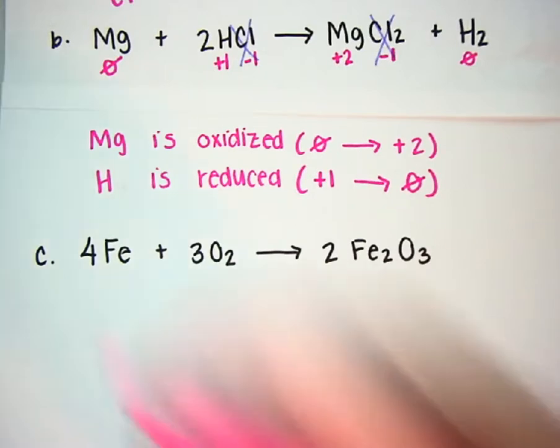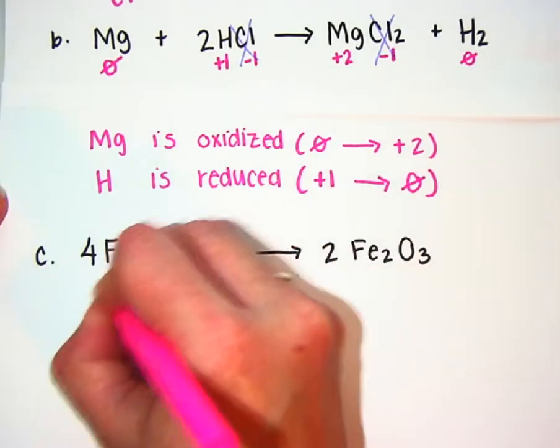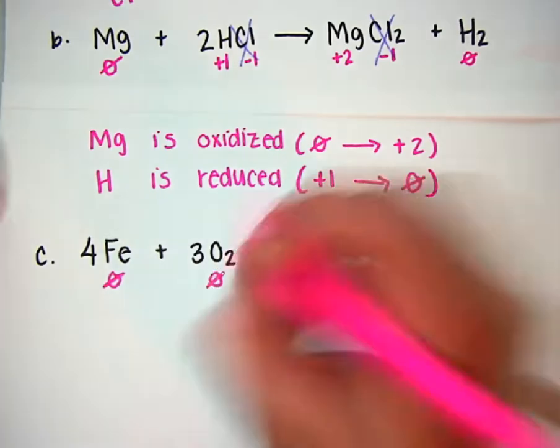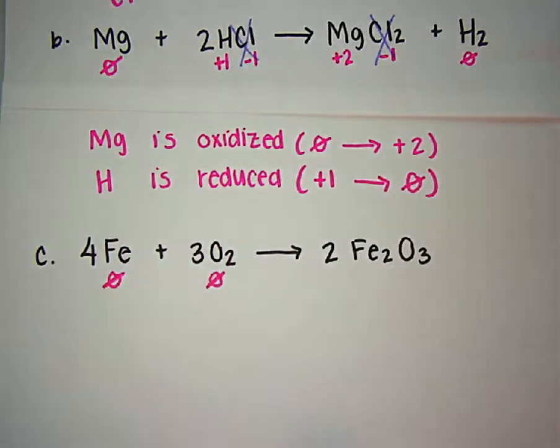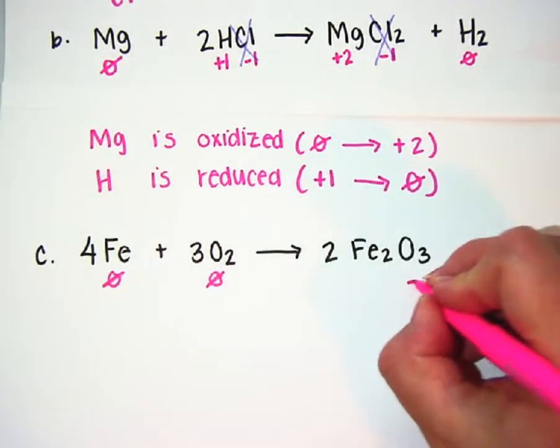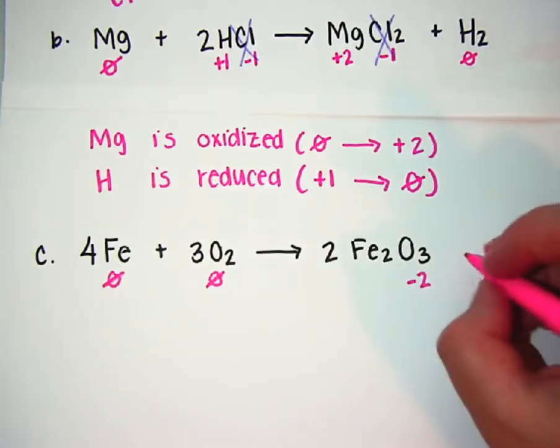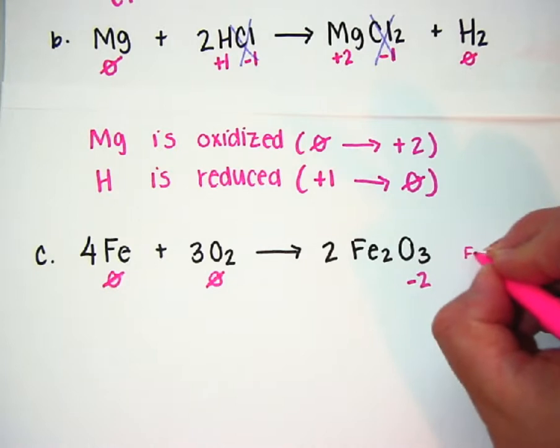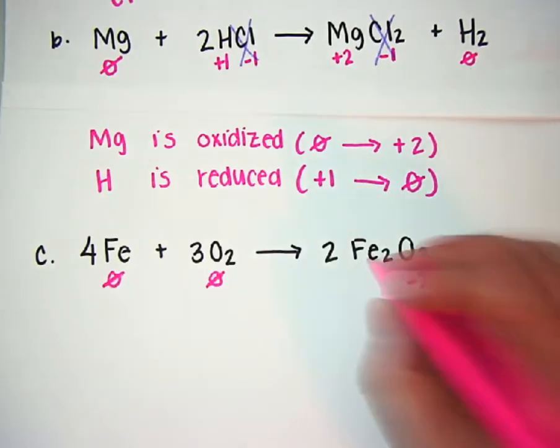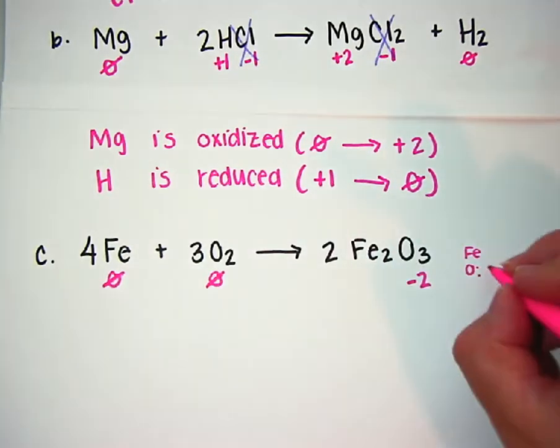Alright, elements by themselves in their elemental form have an oxidation number of 0. Oxygen usually has an oxidation number of -2. I don't have a rule for iron.